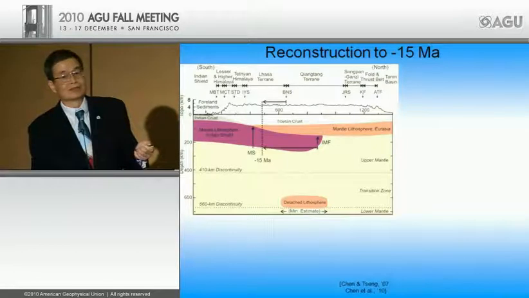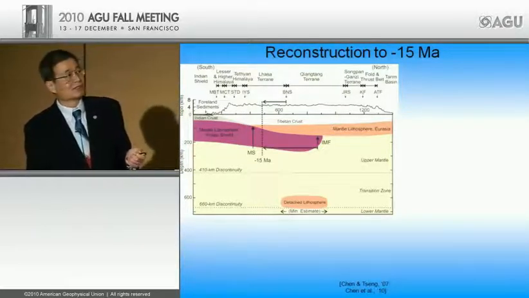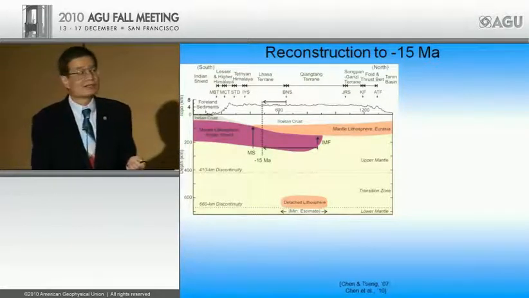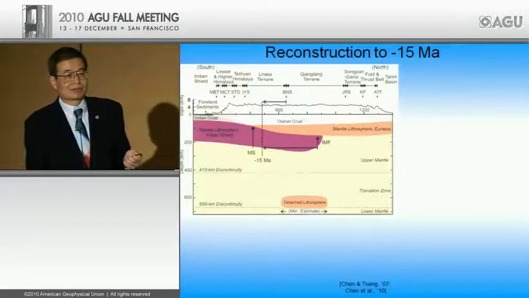So it should move to here. The Bangong-Nujiang suture moves a lot slower, again based on GPS data. It should move back about 150 kilometers or so. But remarkably, those two reconstructed positions are almost exactly at the same place.